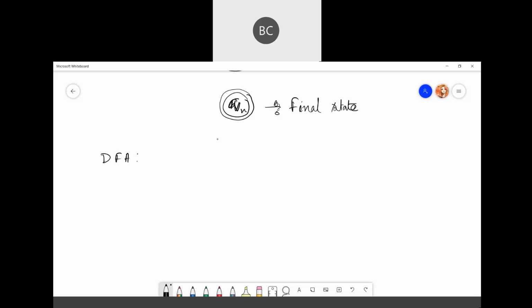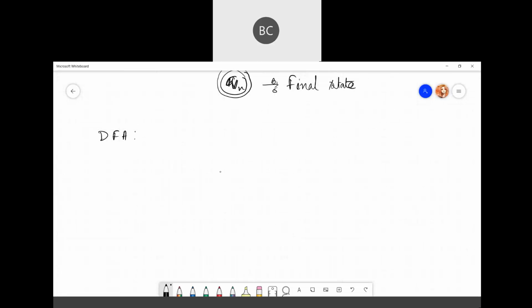Anyway, so what is a DFA? DFA means deterministic FA.